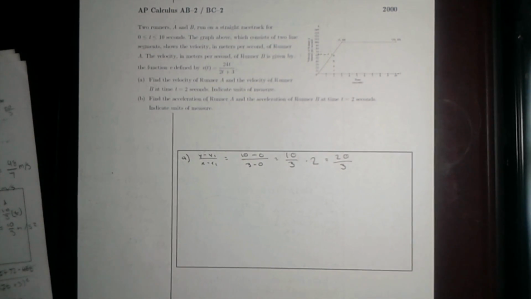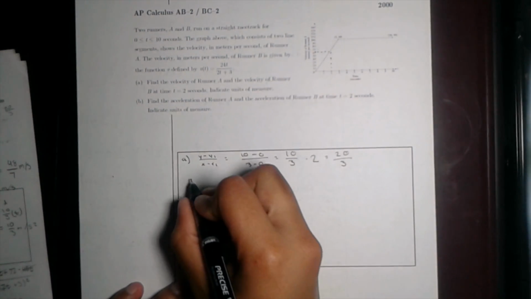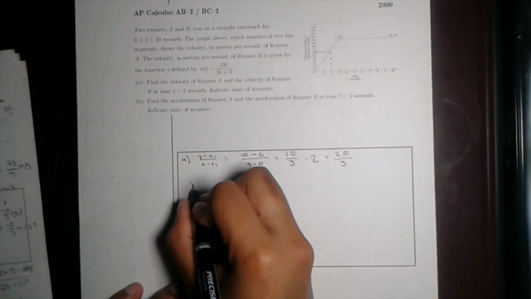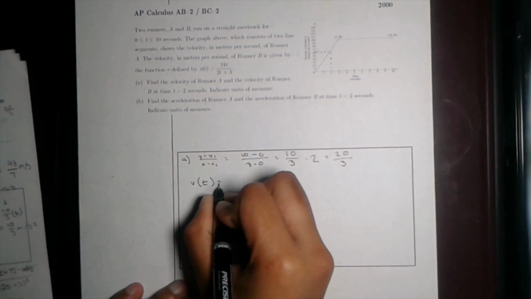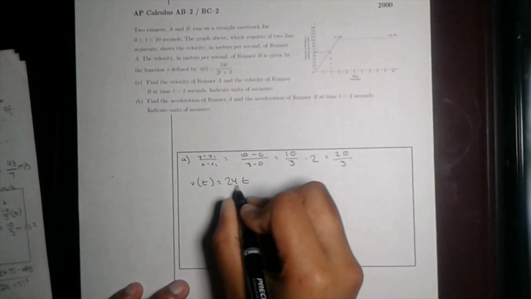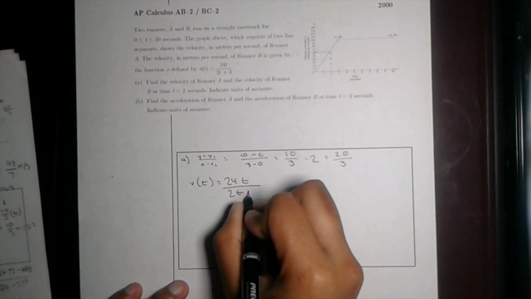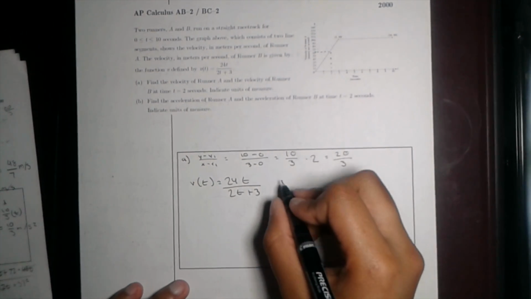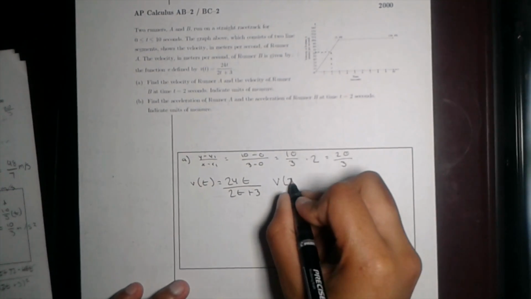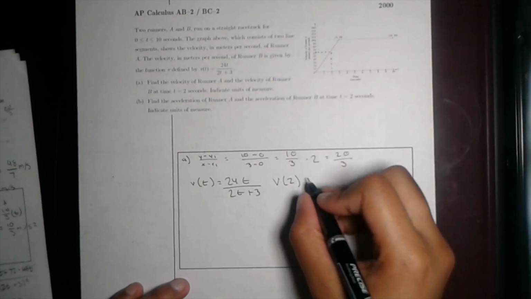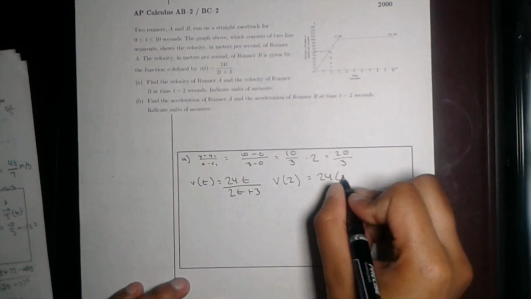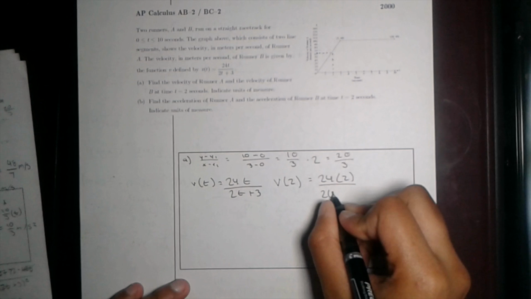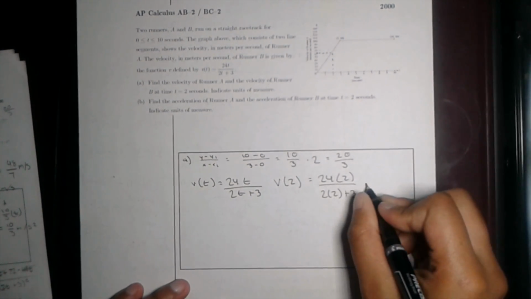And then for runner B, we were given an equation for its velocity. It's v of t equals 24t over 2t plus 3. All you have to do is plug in 2, since that's the time we're looking for. So 24 times 2 over 2 times 2 plus 3.